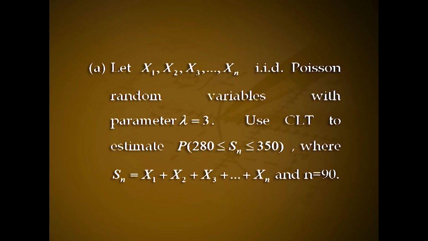A. Let x1, x2, x3, etc. xn be IID Poisson random variables with parameter lambda equal to 3. Use central limit theorem to estimate P of 280 less than or equal to Sn less than or equal to 350, where Sn equal to x1 plus x2 plus x3 etc. plus xn and n equal to 90.